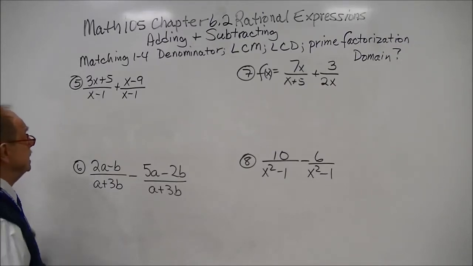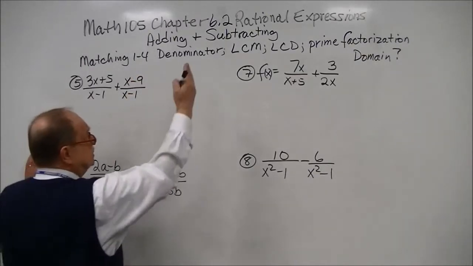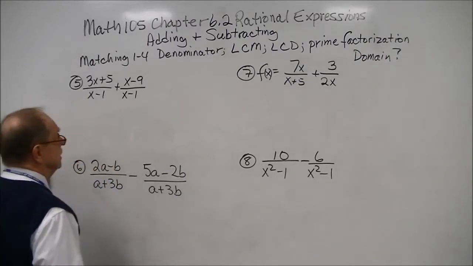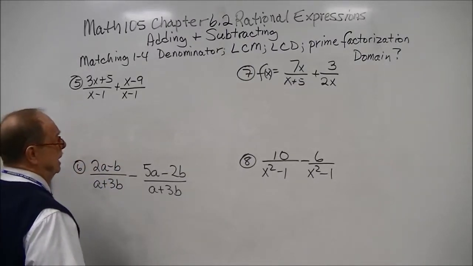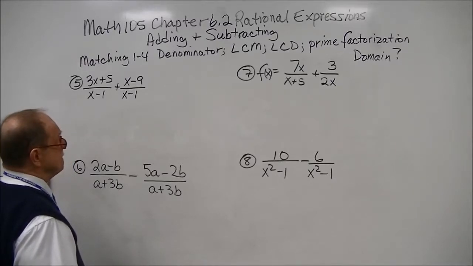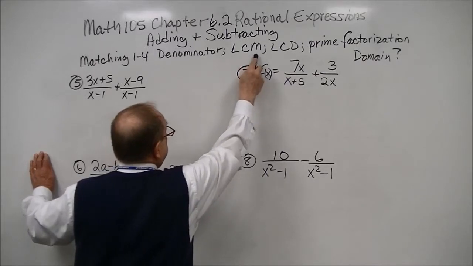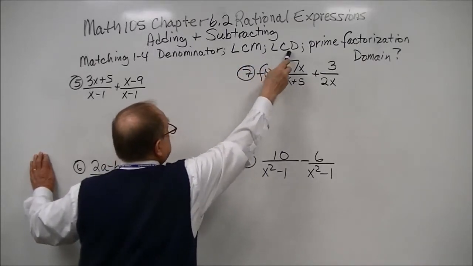The reason being that in adding and subtracting fractions, which are rational expressions, we must have a common denominator. So we're also introducing least common multiple and least common denominator.